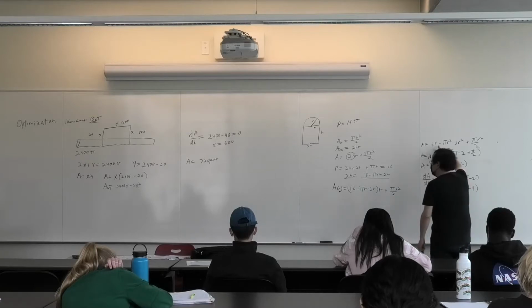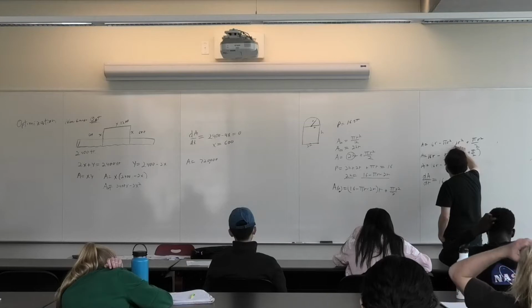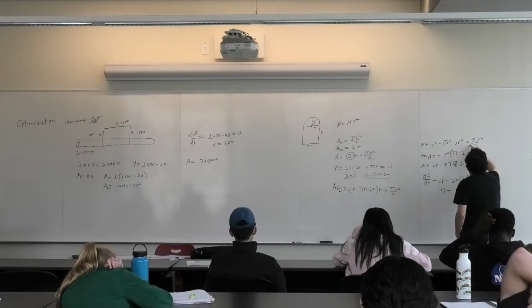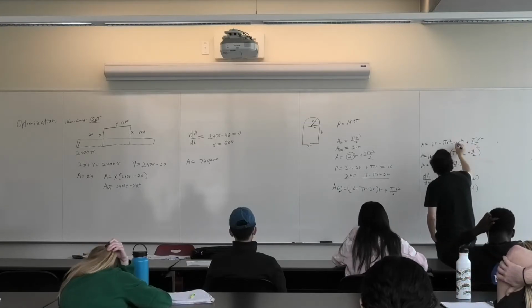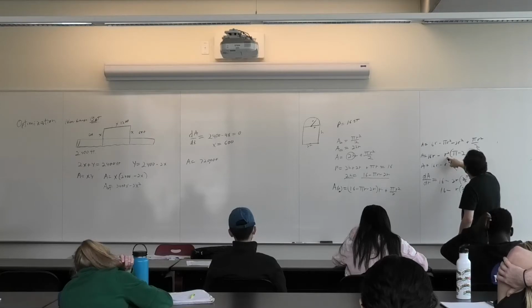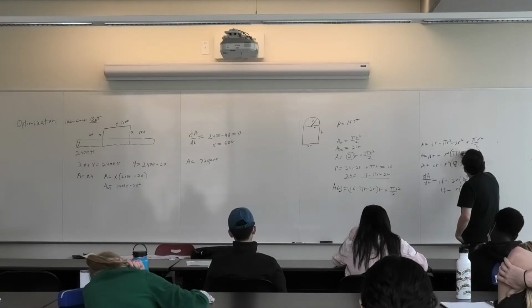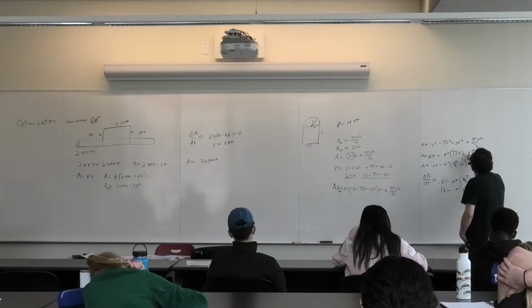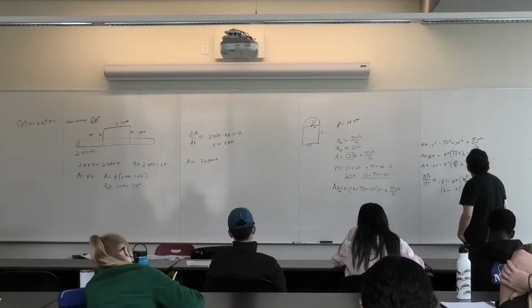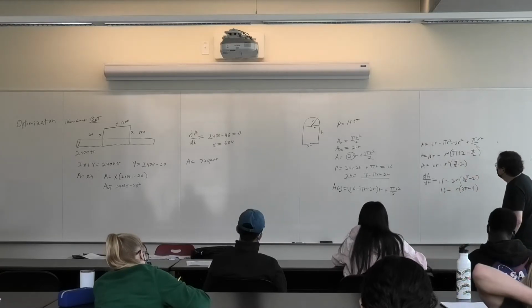Where did I go wrong? 16r minus pi r squared minus 2r squared plus pi r squared over 2. 16r, take out the r squared, minus r squared, pi. Well, that's going to be plus, and that's going to be minus. So that's just going to be pi over 2.